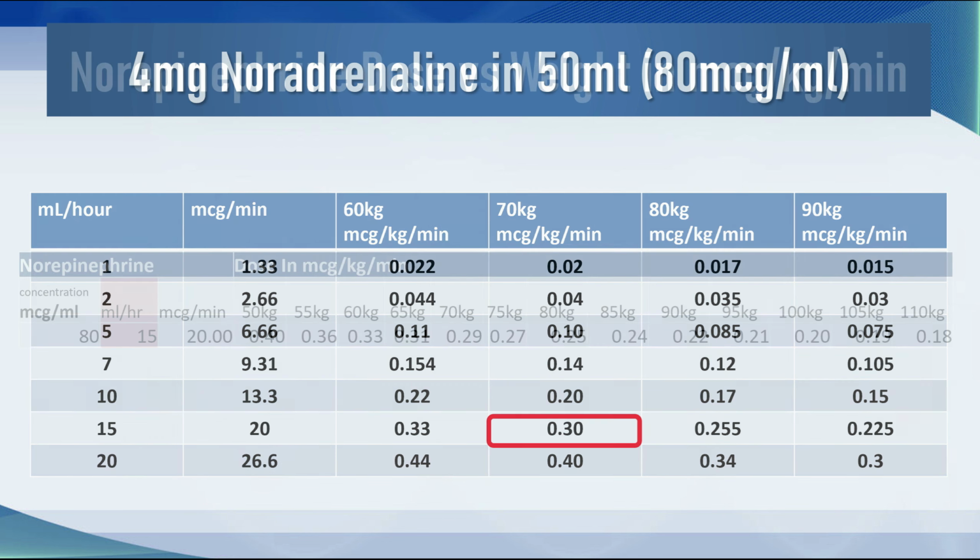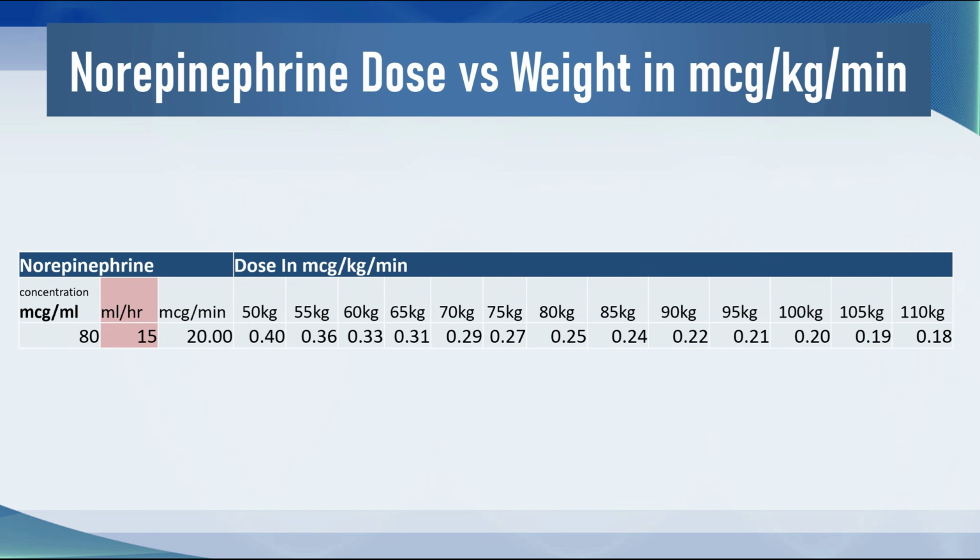So if we look, for example, at 15 mils per hour for patients going from 50 kilograms up to 110 kilograms, on the surface, you'll see this as 0.4, 0.3, 0.2, and it looks like a small number because we tend to ignore the second and third numbers after a decimal point, and it doesn't look like there's a huge difference between these.